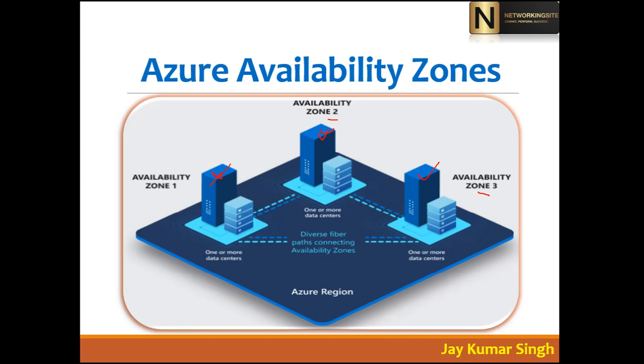If zone 2 is down, the clients of your organization can access the data from zone 3. If all zones are working, at that time load balancing will work, and if a single zone fails, then you will have redundancy also. So this availability zone is providing both features to you.